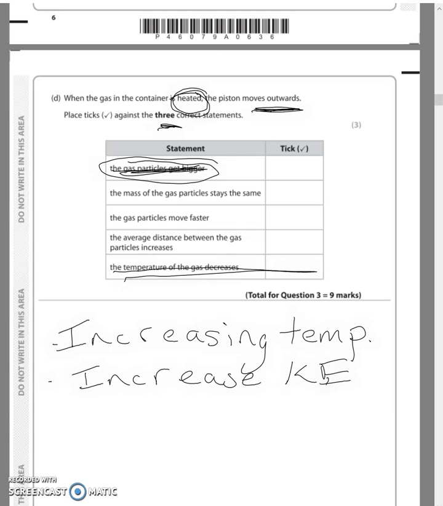So let's just check it. Mass of the gas particles stays the same. Yes, because we're not putting any gas particles in or taking any gas particles out. Gas particles move faster. Definitely yes. That's another way of saying that they have increased their kinetic energy.